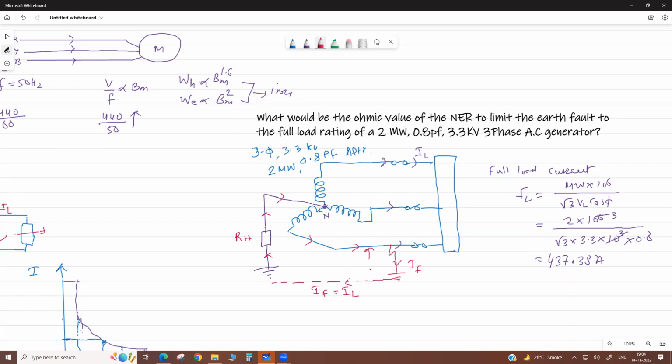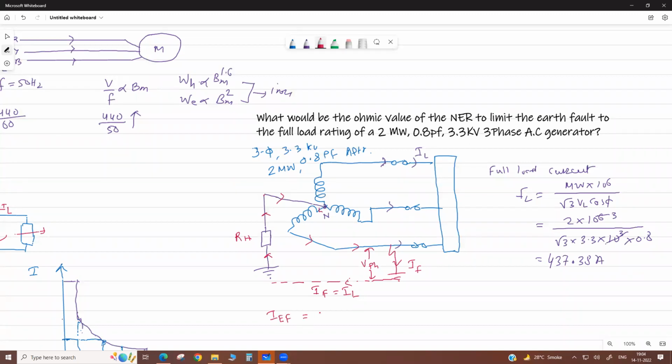In a grounded system, it is the phase voltage, the line to ground voltage, divided by the total impedance. Suppose it is Rn only. So what is the earth fault current?